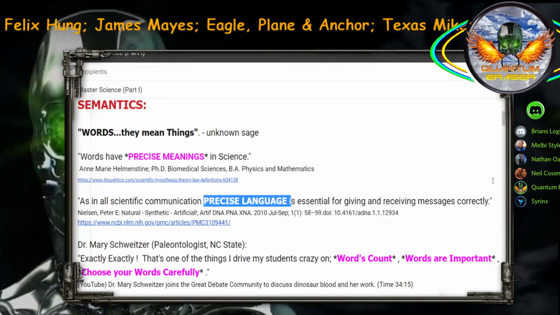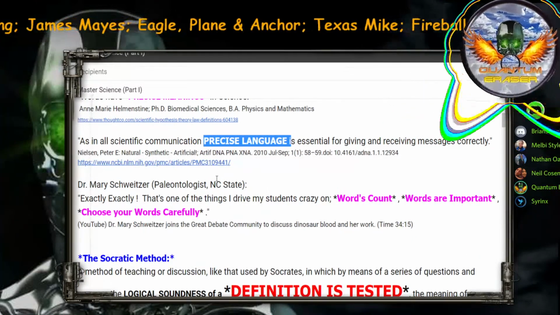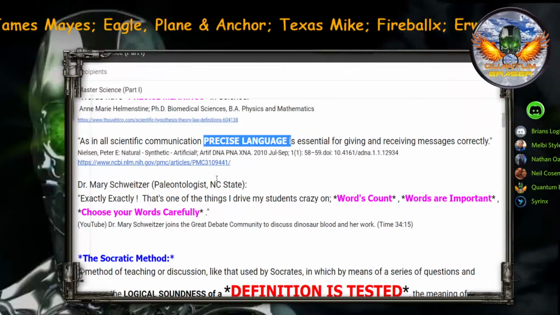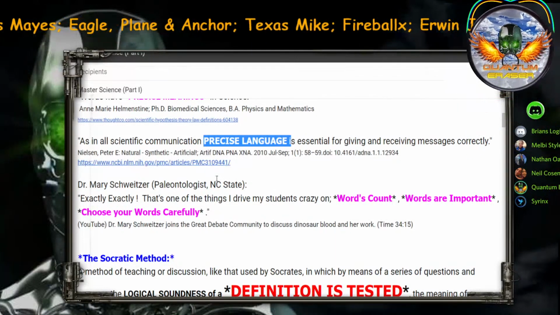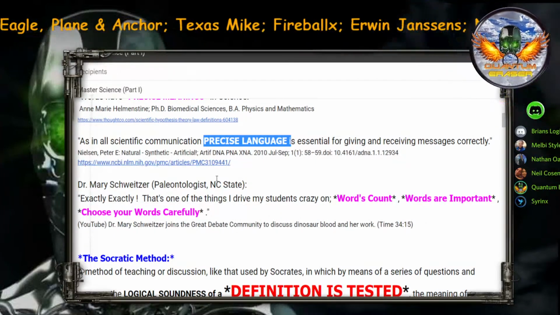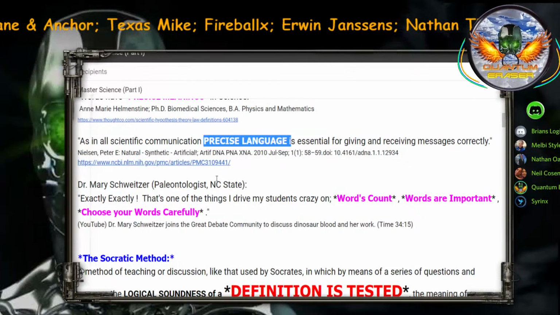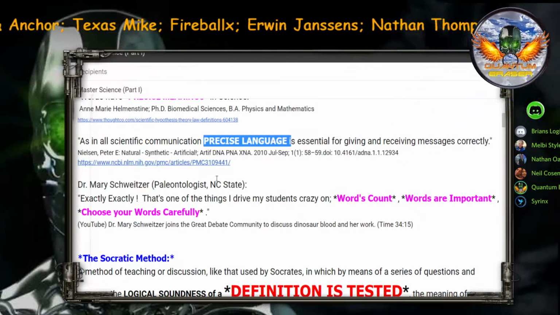Right? This is just common sense. From Dr. Mary Schweitzer, she is a pseudoscientist, she still knows: Exactly. That's one of the things I drive my students crazy on. Words count. Words are important. Choose your words carefully. Yeah, duh.